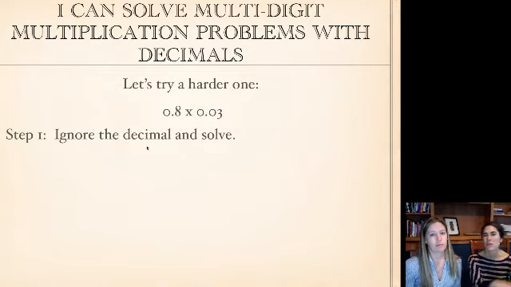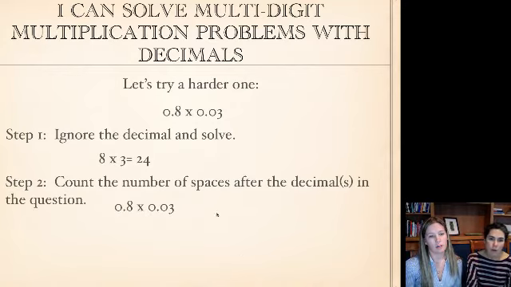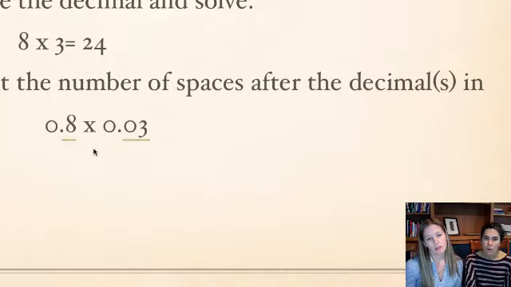Just ignore the decimal for now and solve just the numbers. So we have 8 times 3 equals 24. Just like always. Now what we want to do is count the number of spaces after the decimals, and we have 2 to deal with. We have a decimal right here with 1 place value after it, and a decimal here with 2 place values after that.